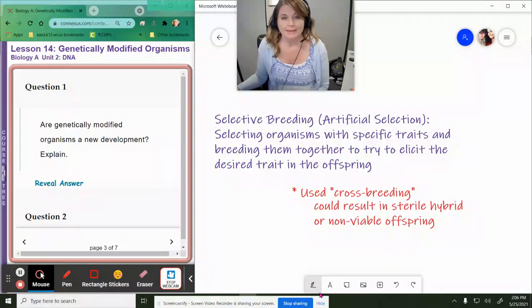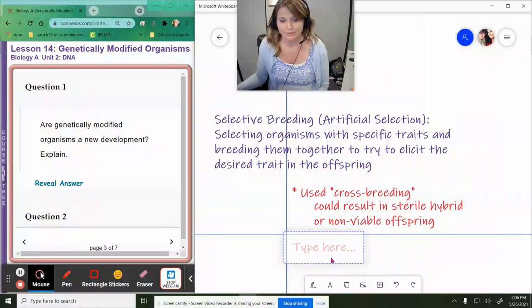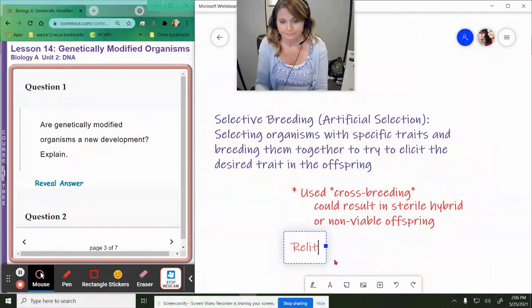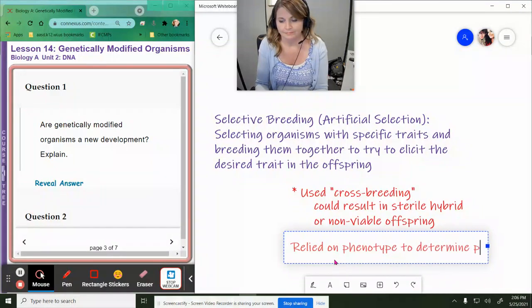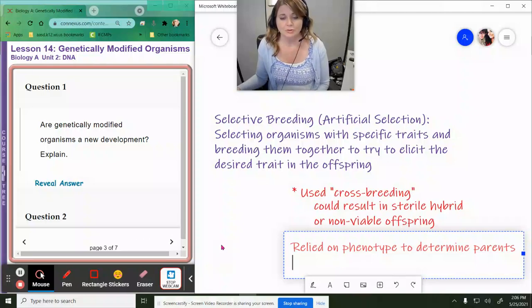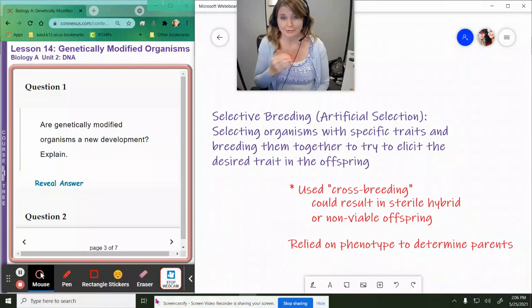The reason why is because this method relied pretty strictly on just the phenotype. And just because two parents look alike doesn't mean they're necessarily genetically similar to each other.